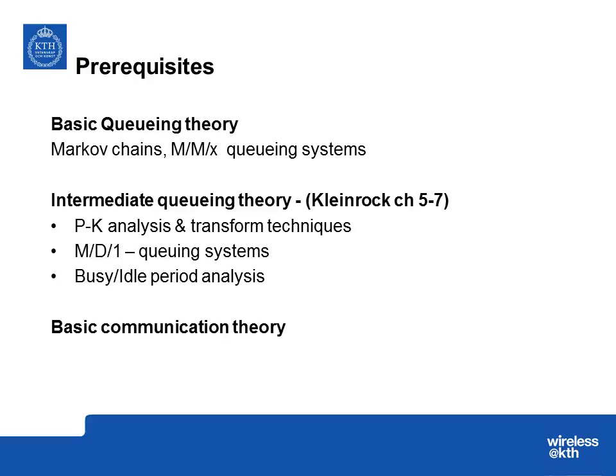The prerequisites needed to follow this course are basically three parts. It's basic queuing theory. The student should be familiar with Markov chains and M/M/x queuing systems. We also require intermediate queuing theory as found in the book Queueing Systems by Kleinrock, chapters 5 to 7: Pollaczek-Khinchin analysis and transform techniques for, in particular, Markovian deterministic queuing systems, M/D/1 systems.